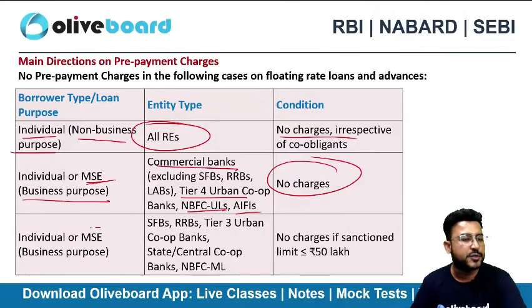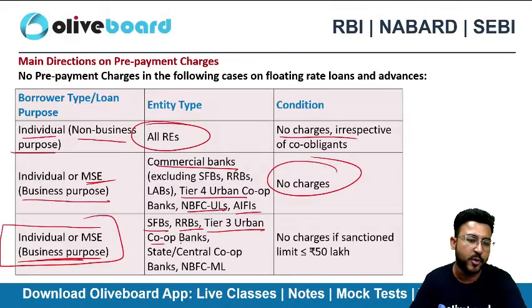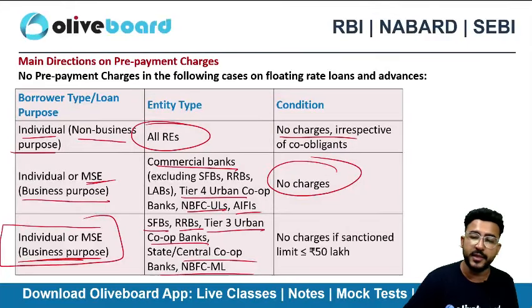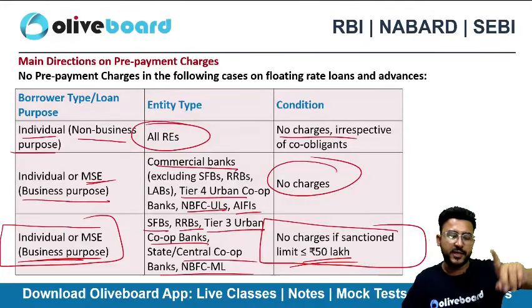If you are an individual or MSE, your loan is for business purpose, and you have taken a loan from a small finance bank, regional rural bank, Tier 3 urban cooperative bank, central cooperative bank, or NBFC middle layer, no charges will be there if the sanction limit is less than or equal to 50 lakh. That means if your loan is up to 50 lakh, no charges.